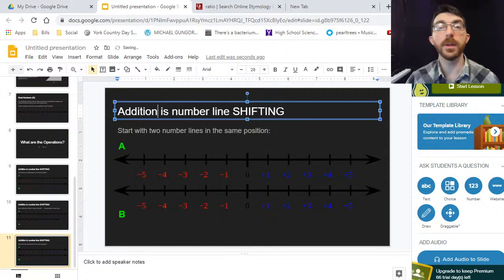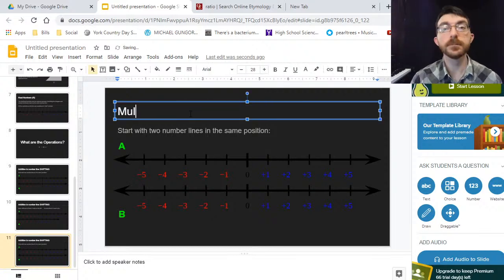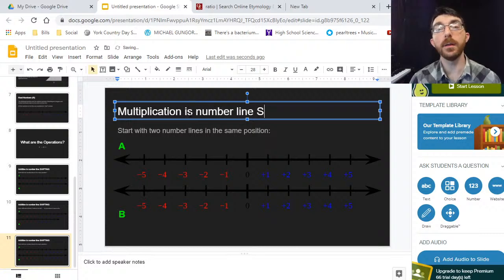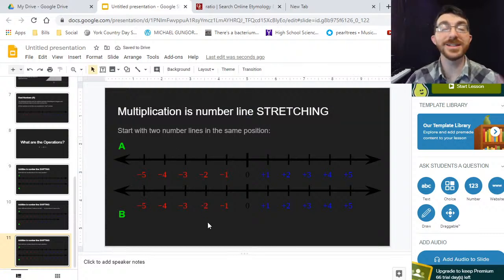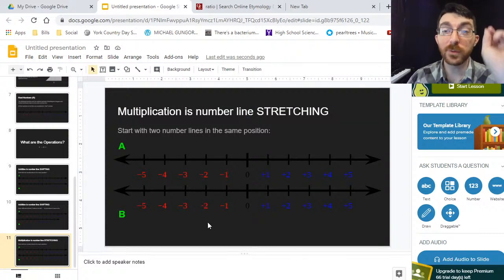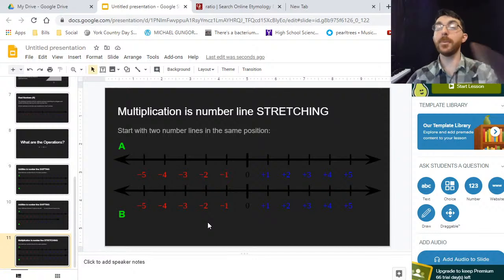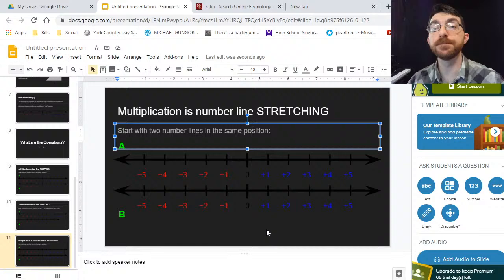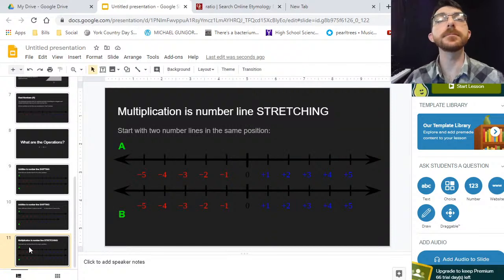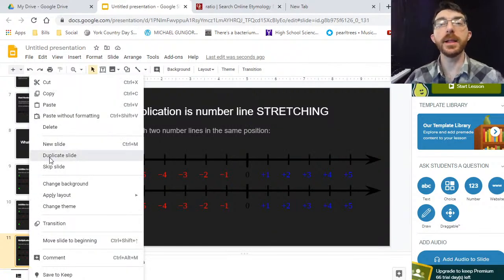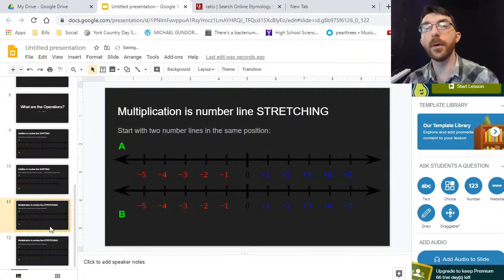So multiplication is number line stretching. And actually it's not stretching, it's rotation. But we'll get there. In the same position. Duplicate slide.